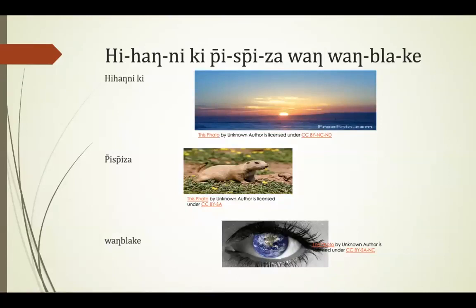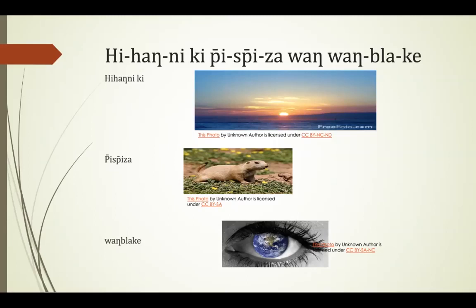So your first word, hihani, actually the complete word is hihaniki, but hihani has 3 syllables in it because it has 3 vowels. It has I, the nasal vowel A, and I. Your second word, bispiza, has 3 vowels in it.